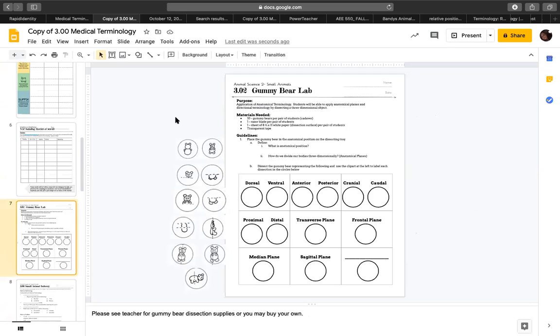All right, do y'all have the gummy bear worksheet as well or no? Yes, no, maybe so. I do. Okay, thank you.